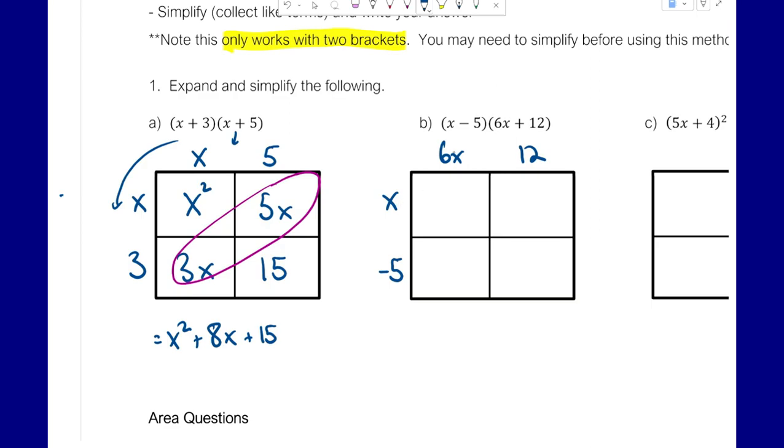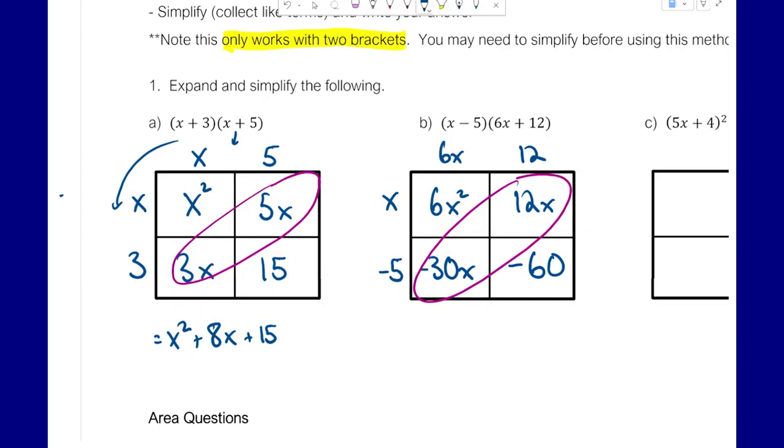So x times 6x, 6x squared. x times 12 is 12x. Negative 5 times 6x is negative 30x. And negative 5 times 12 is negative 60. Again, the like terms are on the diagonal.